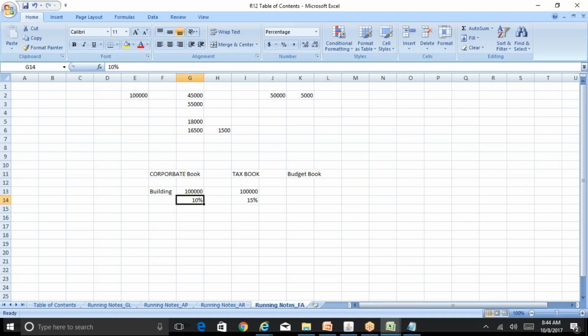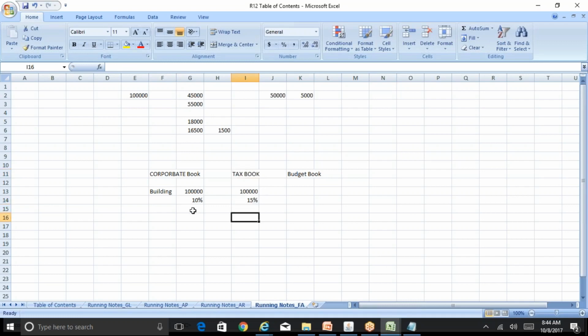That program will copy all the assets created under the corporate book, only assets, not the depreciation calculation, and pass that information to the tax book. Once you run the periodic mass copy program, your assets will be available in the tax book, and then you run the depreciation program again in the tax book, and you will be able to see the calculations.